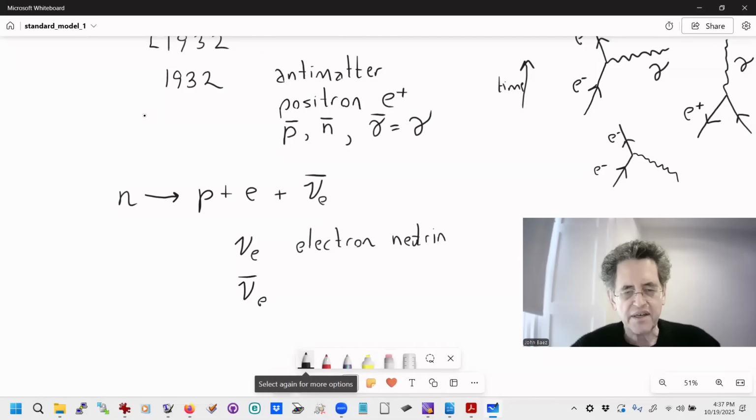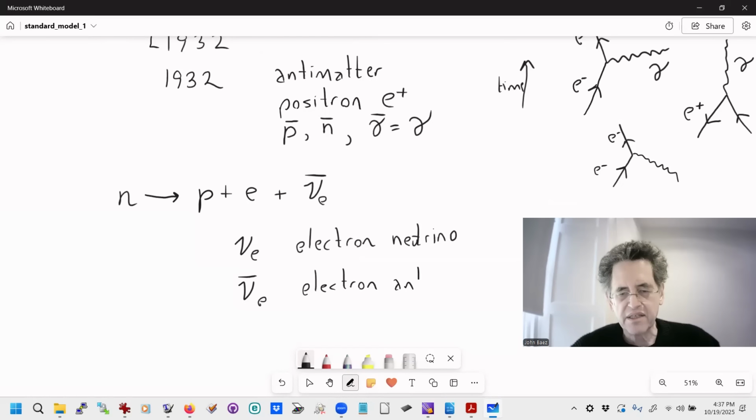Well, the idea is that there's no electron at the start of this reaction. There's an electron at the end. So there seems to be an electron coming out of thin air, but electronness is conserved because this antineutrino has anti-electronness. So this does bookkeeping, keeps the books balanced in several ways. It not only leads to conservation of energy, but it leads to conservation of electronness or electron number.